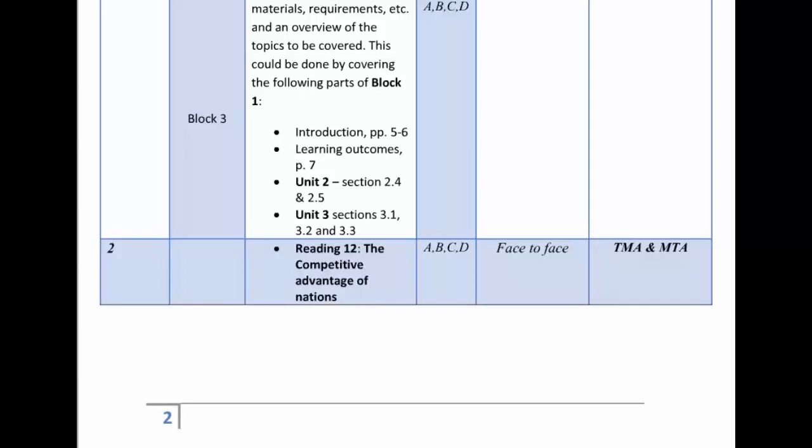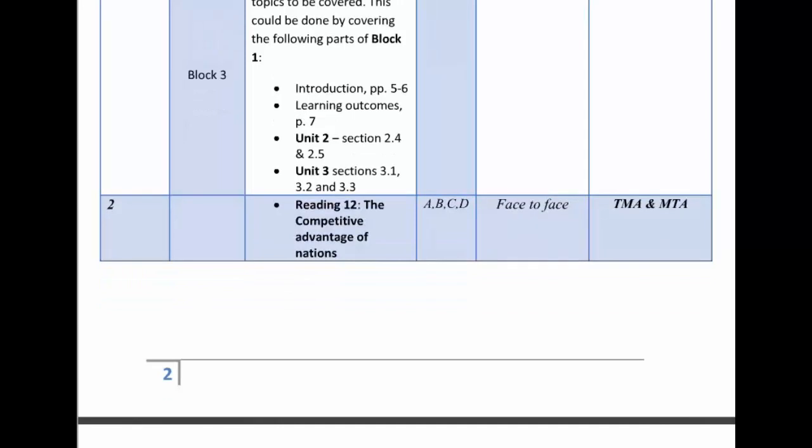So this is a systematic way of learning, so you know exactly what you will have in the final exam. In the final exam you will not have something from, for example, section 2.3 or 2.2. Rather, you will have only questions from 2.4 and 2.5, and so on.